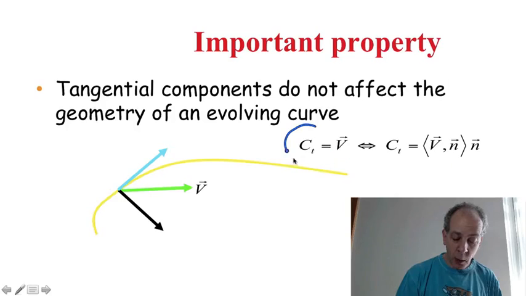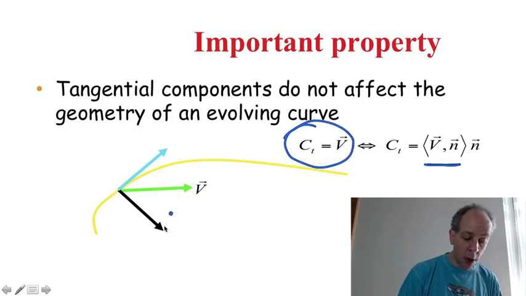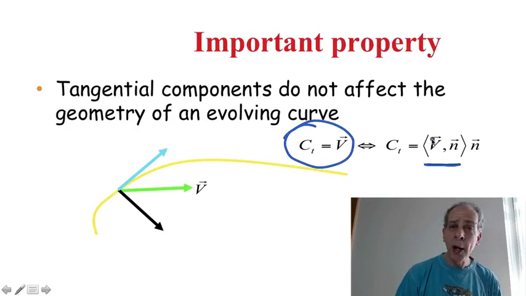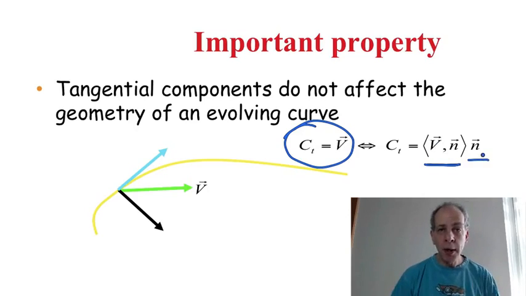This is the general equation that we have, but we basically project the velocity towards the normal direction, and we take only that projection and we move in the normal direction. So basically, from the geometric point of view, the most general deformation is a deformation in the normal direction to the curve.